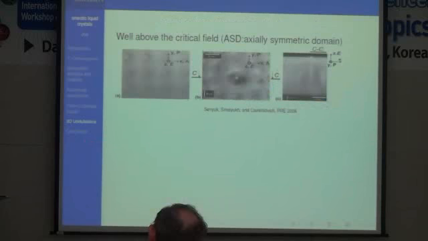But when it's well above the critical field, the Lavrentovich group expected to have the 1D pattern bounded by the parabolic wall, but that kind of starts with this axially symmetric domain like this. So we do not have the parabolic wall yet, but we have something similar to this axially symmetric domain.